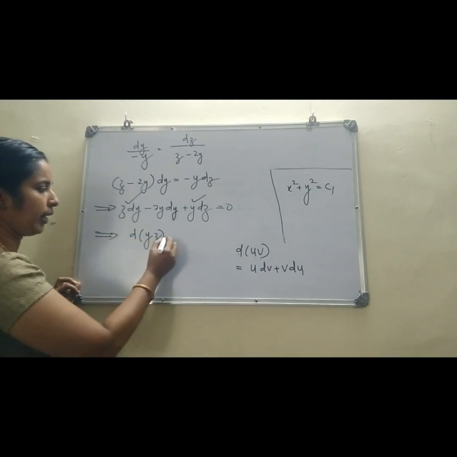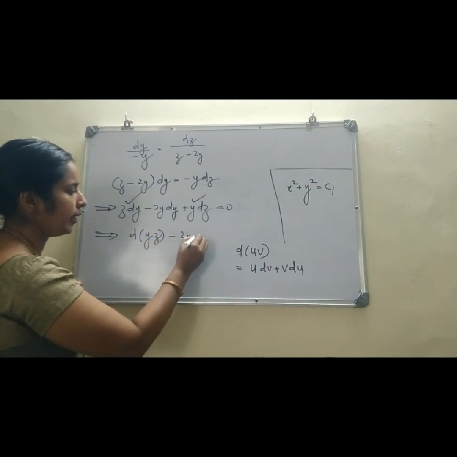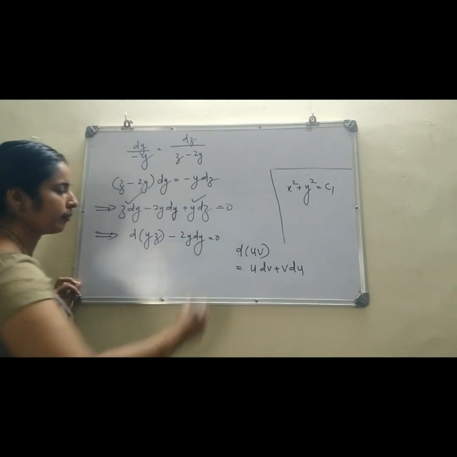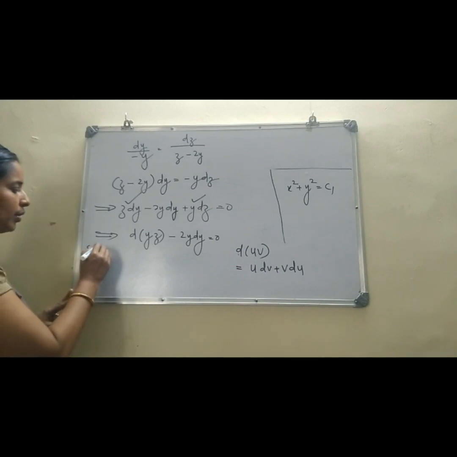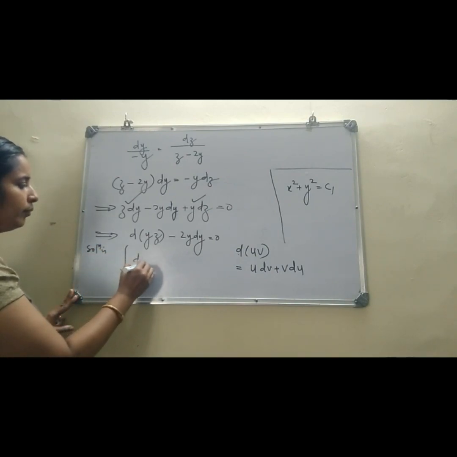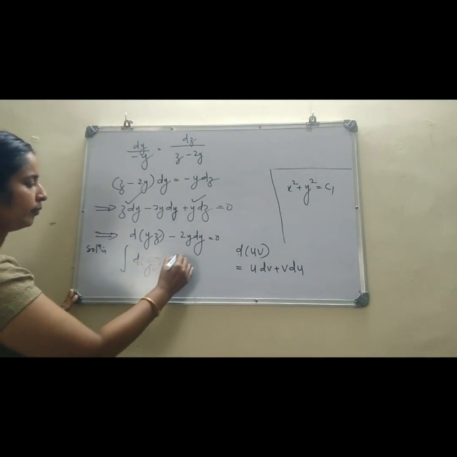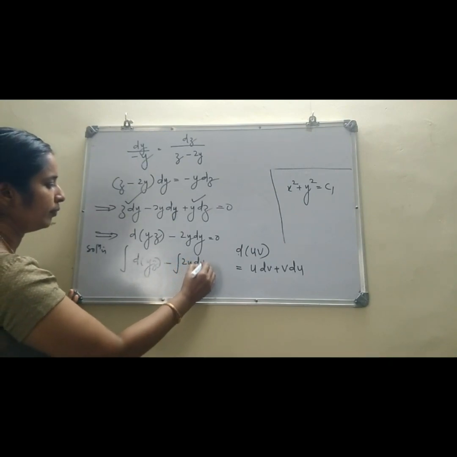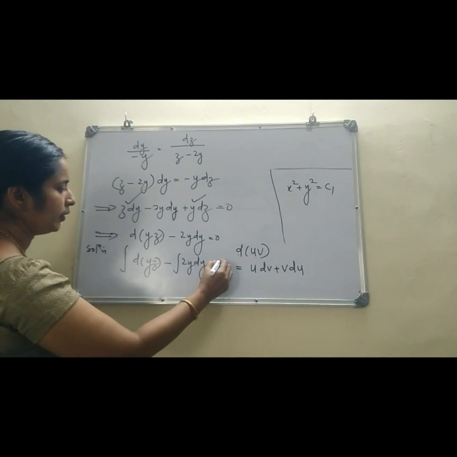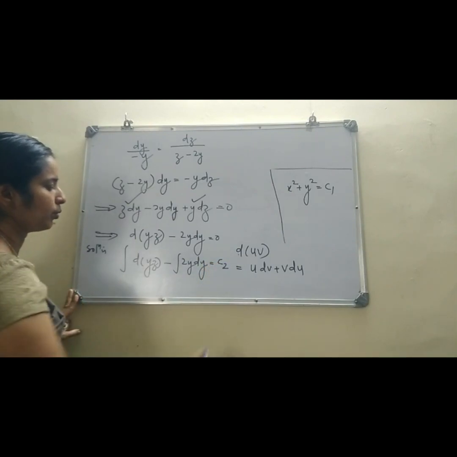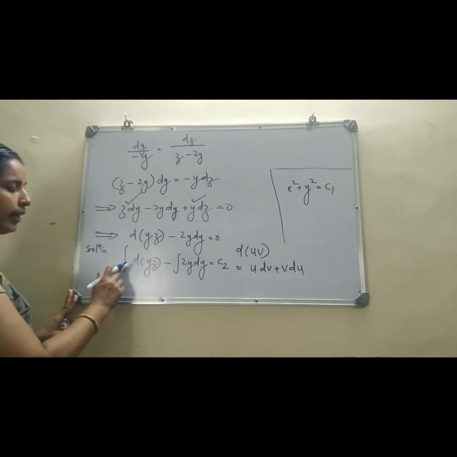Derivative of yz minus 2y dy. Now you will get the solution by integrating. Solution is integral equal to a constant. Let it be C2.